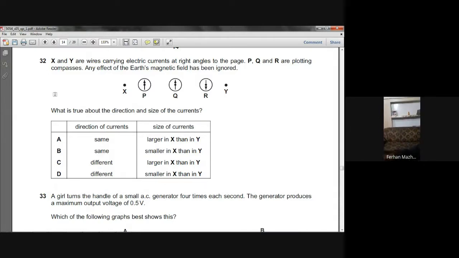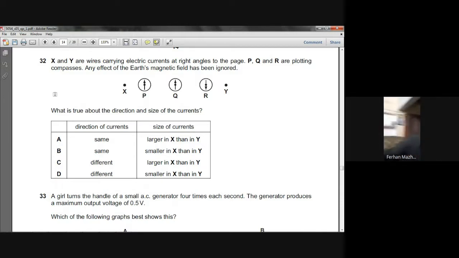So if the current is coming out of the screen, I will hold the conductor in this way, and my thumb is pointing towards me. It means that the magnetic field around it will be anti-clockwise. By using the right hand rule, I am able to tell the direction of the magnetic field around that conductor.